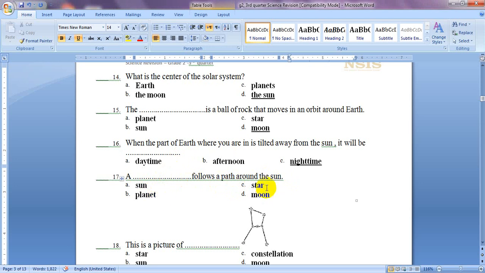Planet, star, moon? The answer is a planet. We said that the solar system consists of 8 planets and all of them are moving around the sun in orbits or specific path.